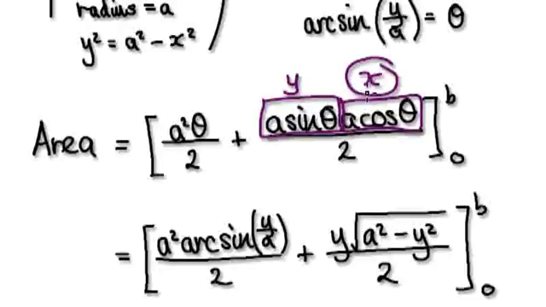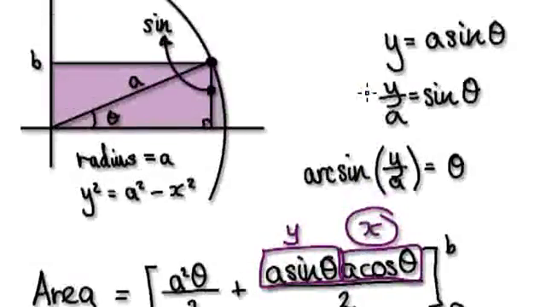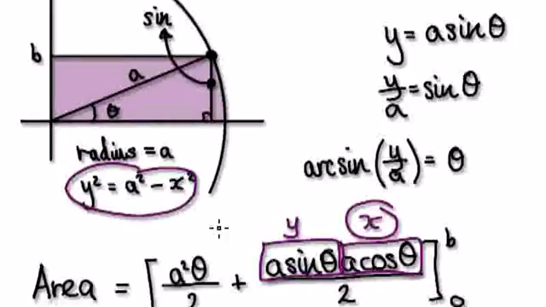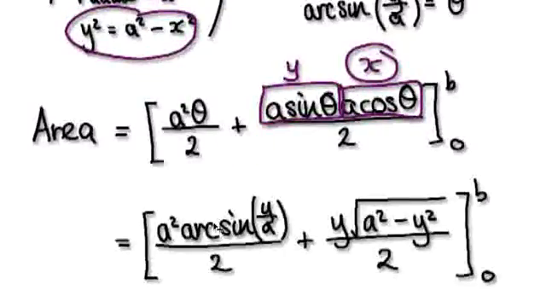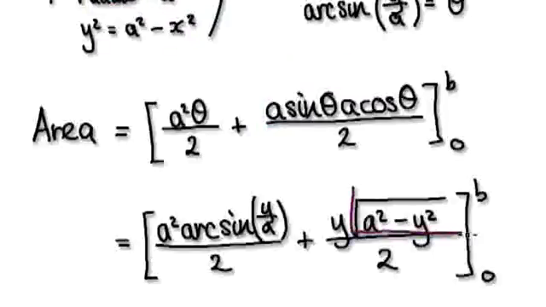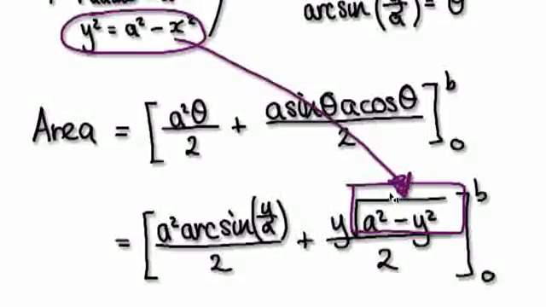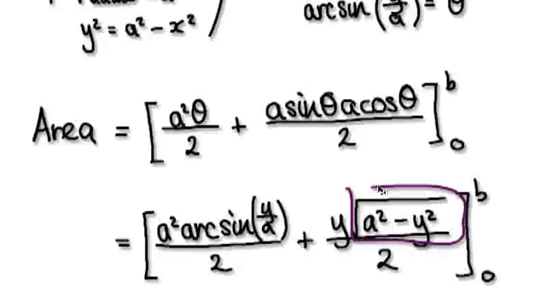So hang on. Remember that the area of a circle is given by this. But then if you rearrange this, x is given by this thing here. So when you rearrange this equation for the circle, in terms of x, the x length is given by this.